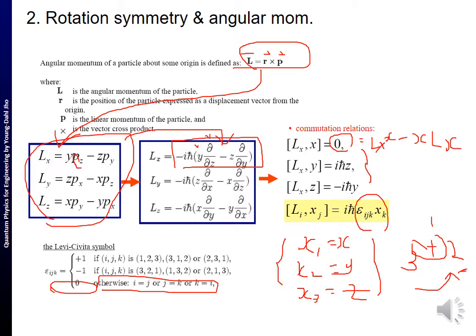So if it's like 1, 2, 3, it is positive. If it is the other way, like 1, 3, 2, then negative.